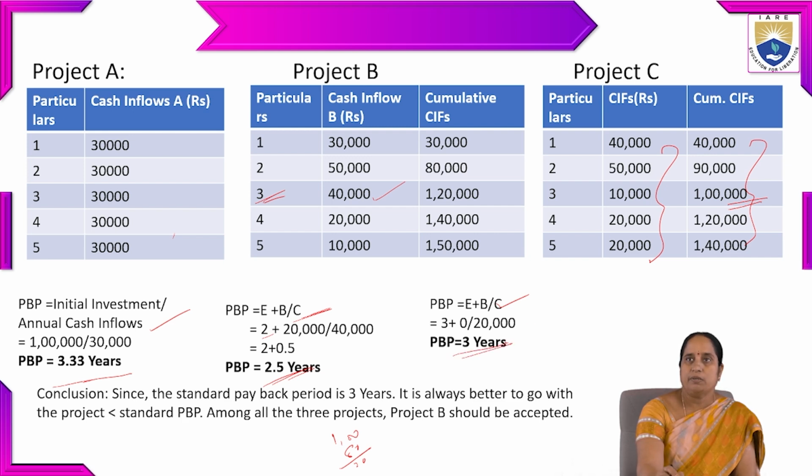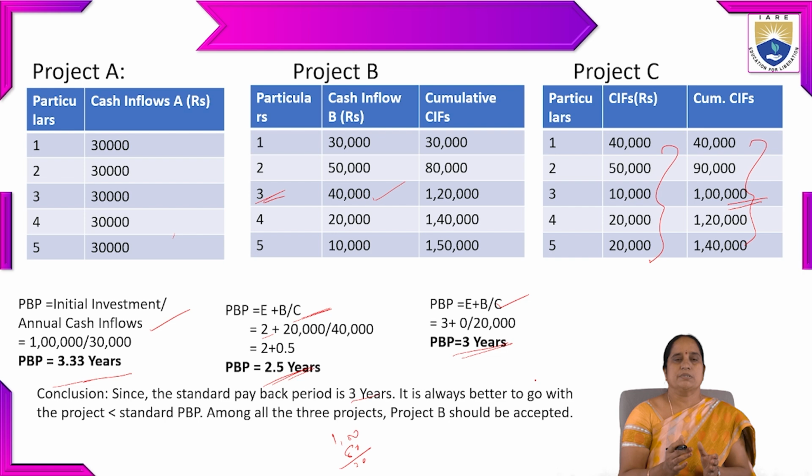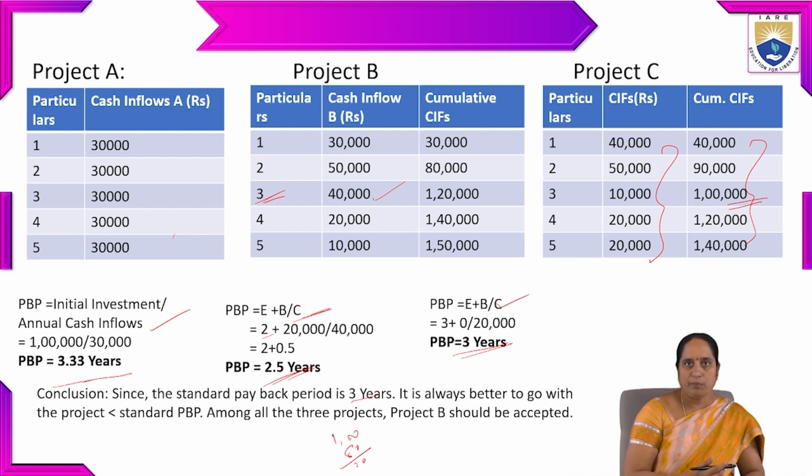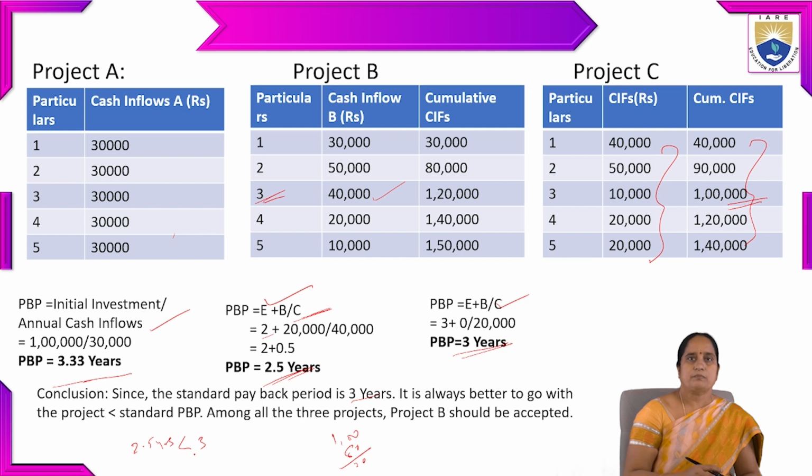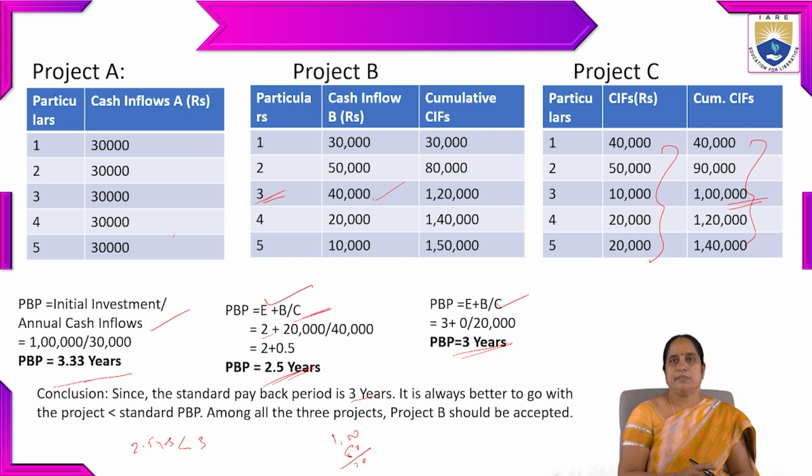So your payback period is 3 years. Since the standard payback period is 3 years, it is always better to go with the project that is less than standard payback. Project B has a payback period of 2.5 years, which is less than the standard payback. So among all the three, project B should be accepted.